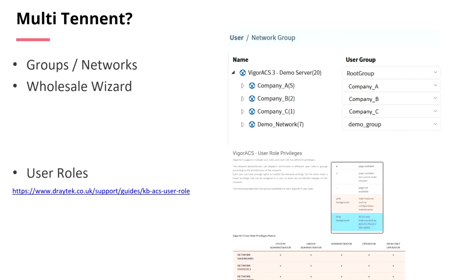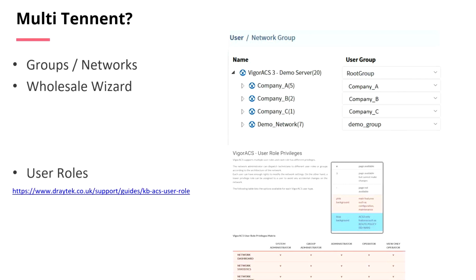There's a wholesale wizard that allows you to create the networks more easily, so that you can automate that as well, and you can assign different user groups and different networks, and also different roles and privileges. If you don't want to use the wholesale wizard, you can have individual people with certain access, maybe someone with just view-only access.